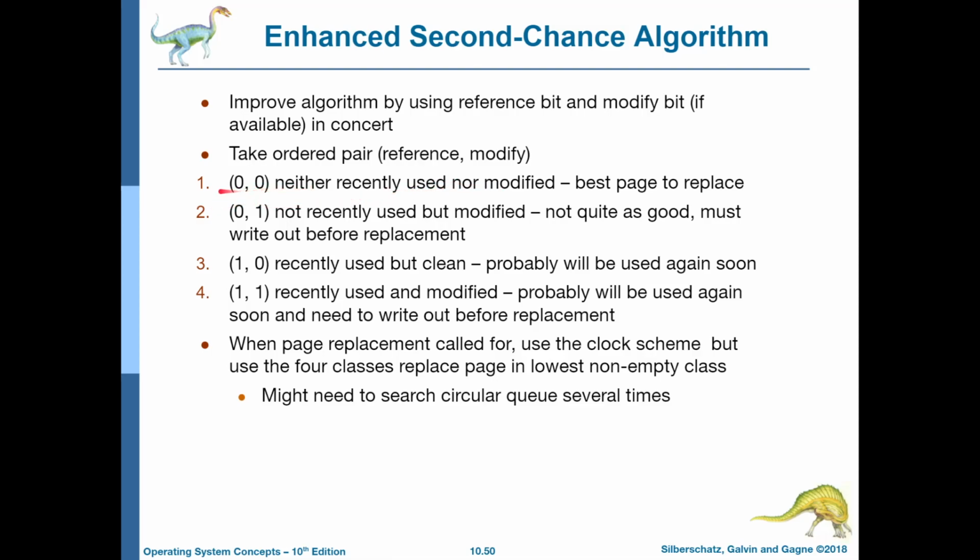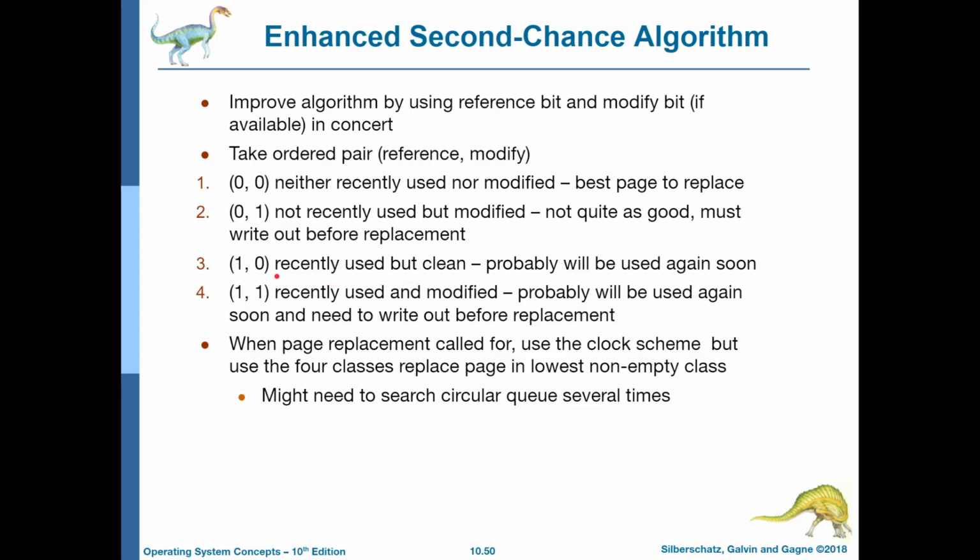If both bits are zeros, that means it wasn't modified or recently used. This is the best page to replace. If 0 and 1, it wasn't recently used, but it is modified. So this may not be as good to change out simply because we'll have to go through the write operation as well as the read operation. But it's still a good choice because it hasn't recently been used. 1 and 0 means that it was recently used, but it doesn't have any writes to it.